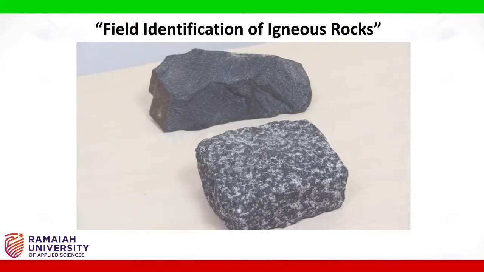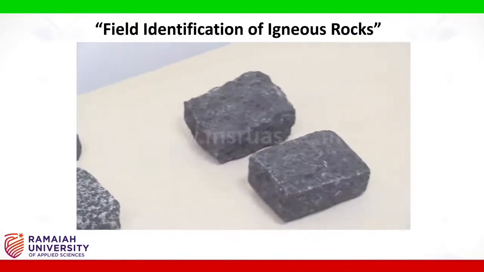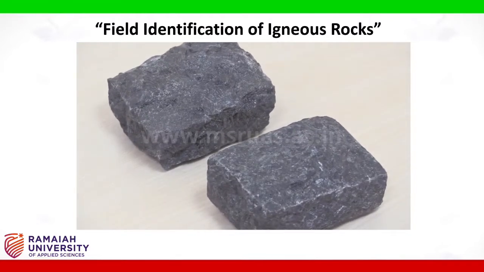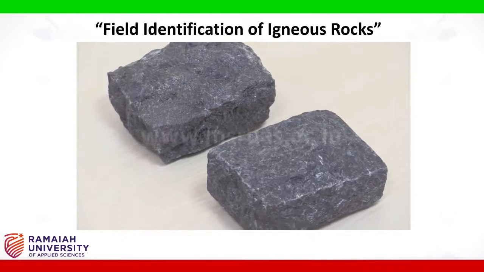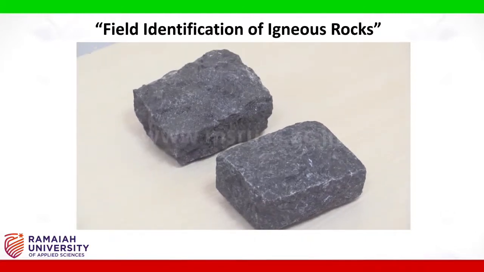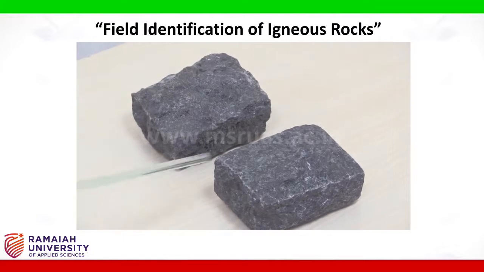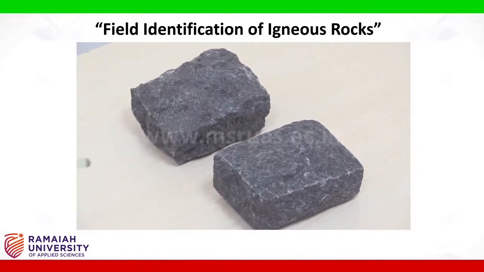The last category is the ultramafic category, which is very dark in color, and there will be either nil or very little, about 10% of silica present in them. Such a rock is called the ultramafic category.